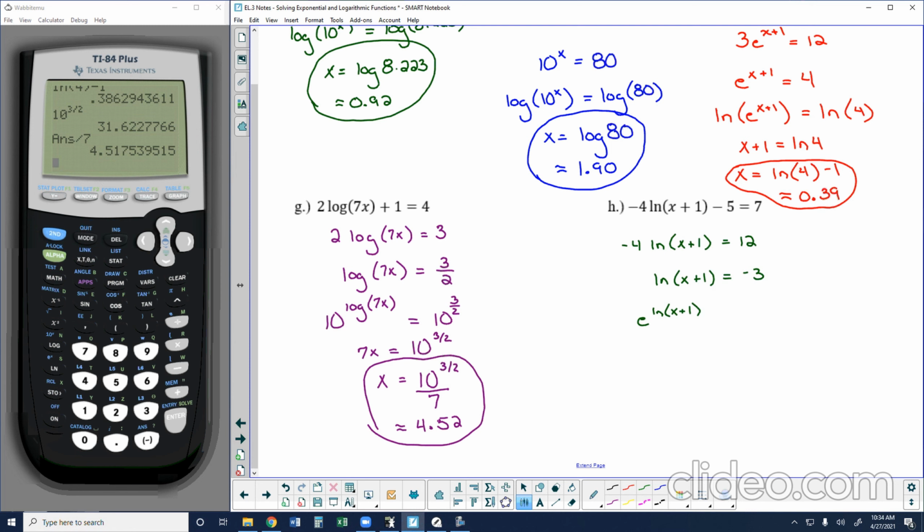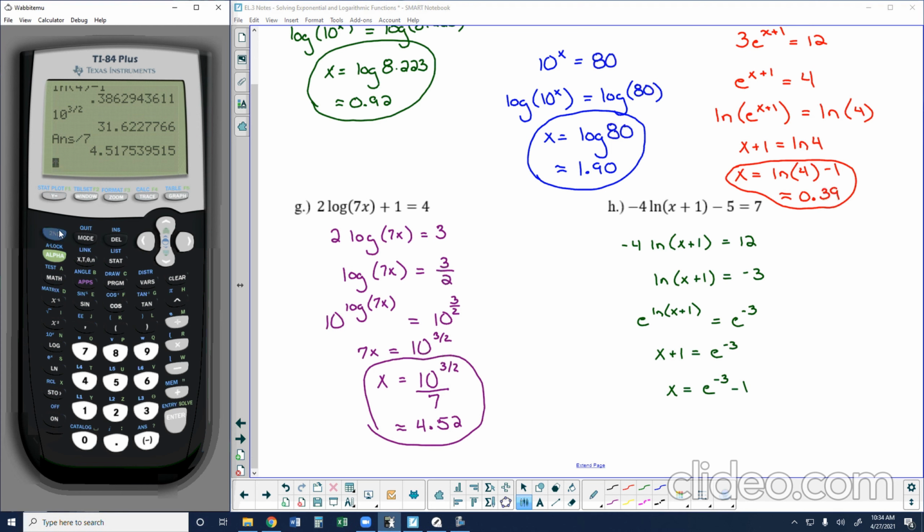So I'm going to have e to the exponent of natural log of x plus 1 on one side and e to the negative third on the other side. On the left side, the exponent and natural log eliminate each other, leaving us with just x plus 1, and then I can subtract 1. So x is equal to e to the negative third power minus 1.